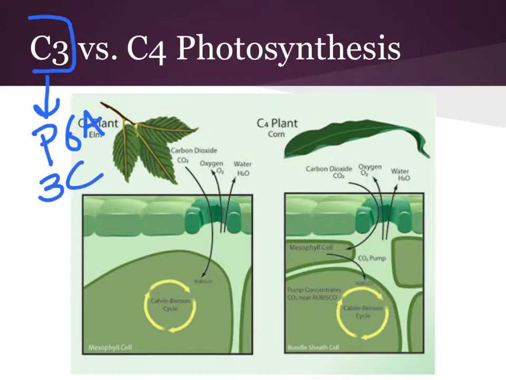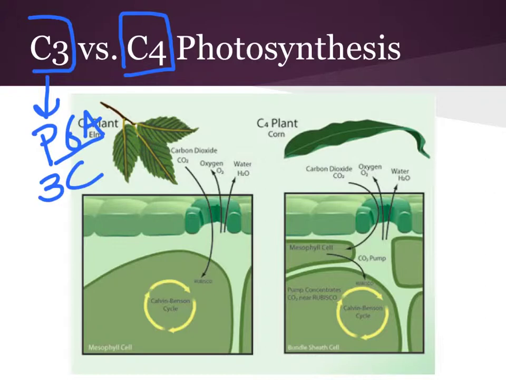Plants that are well adapted to arid environments perform a different kind of photosynthesis known as C4 photosynthesis. As you can imagine, C4 photosynthesis doesn't produce PGA immediately upon starting the Calvin cycle. Instead, it creates a 4-carbon molecule, so we call it a C4 photosynthesis.